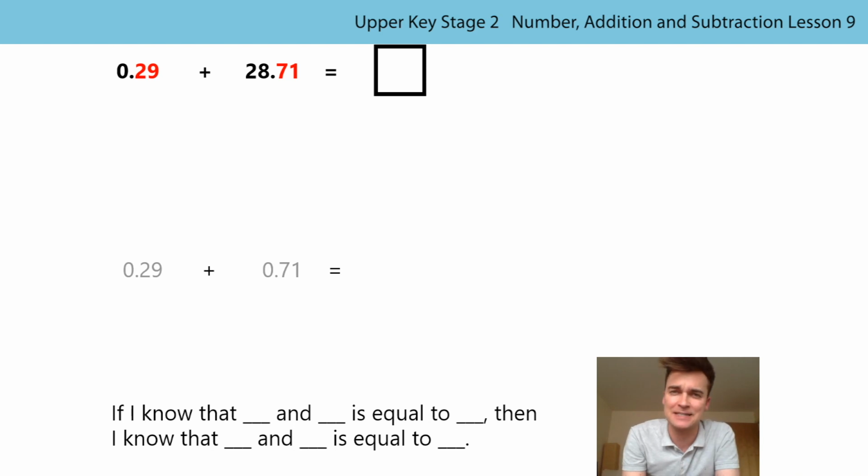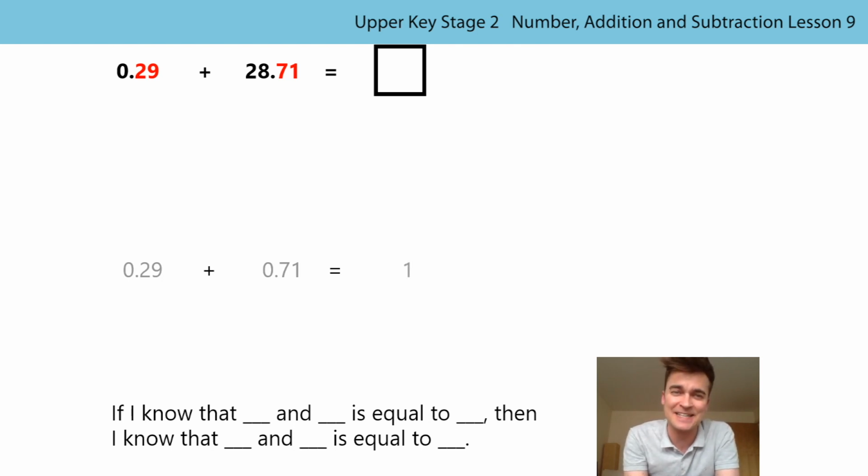So now let's think about why 0.29 and 0.71 caught our attention. We can use the sentence at the bottom to help us. If I know that 29 ones and 71 ones is equal to 100 ones, or 100, then I also know that 29 hundredths and 71 hundredths is equal to 100 hundredths, which we know is equal to 1.